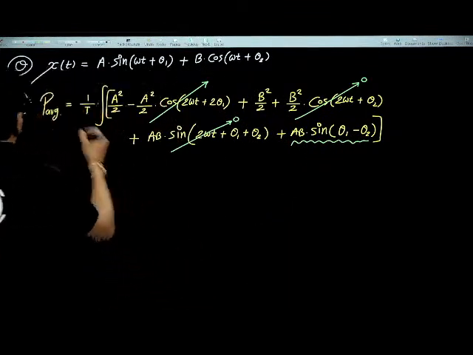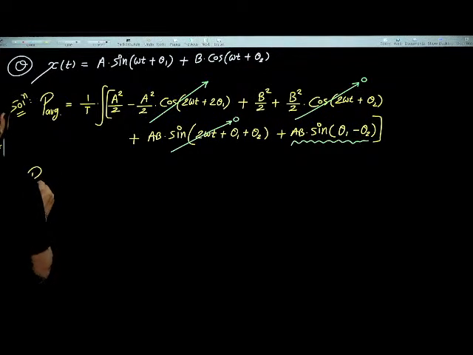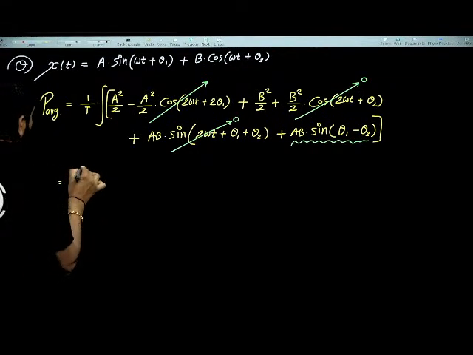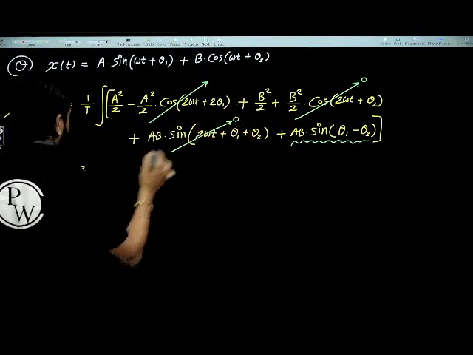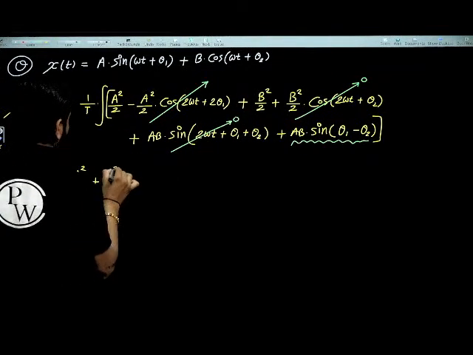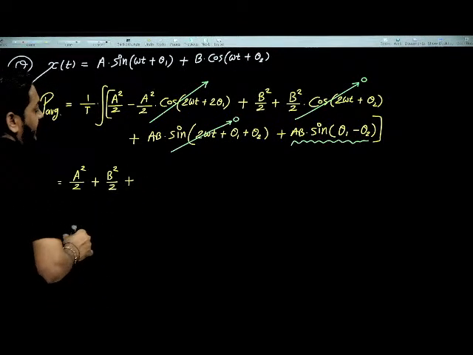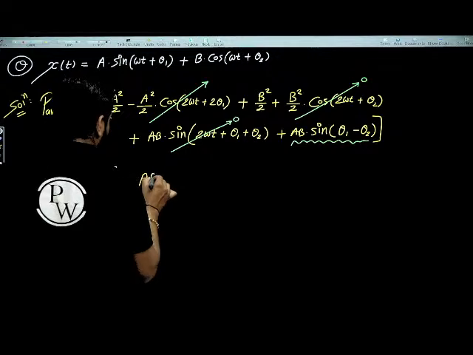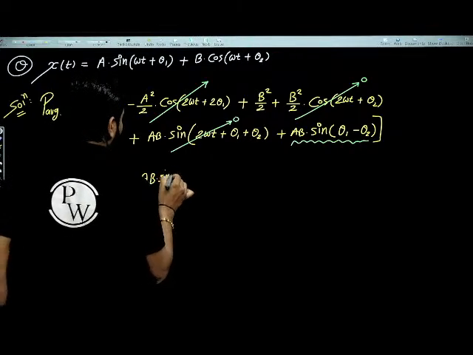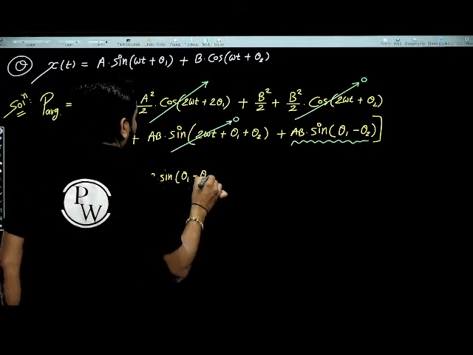So the average power is A square by 2, correct, the first term, this second term is B square by 2, plus AB sin(theta 1 minus theta 2).